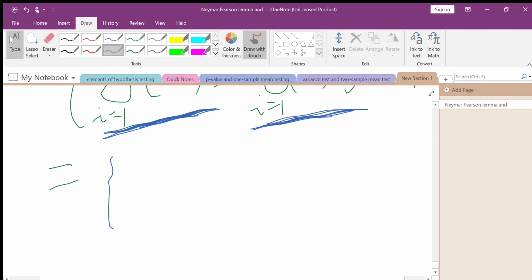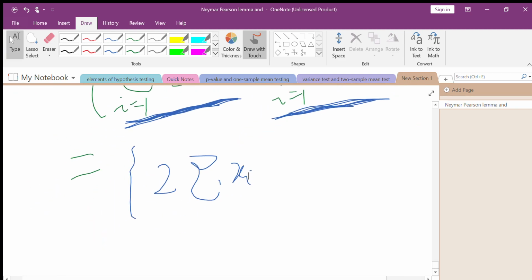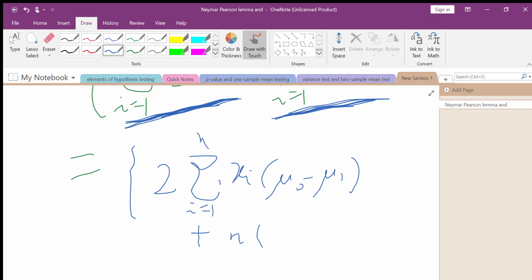You get this equals 2 times the summation of xi times mu0 minus mu1, plus n times mu1 squared minus mu0 squared, less than some arbitrary constant k.